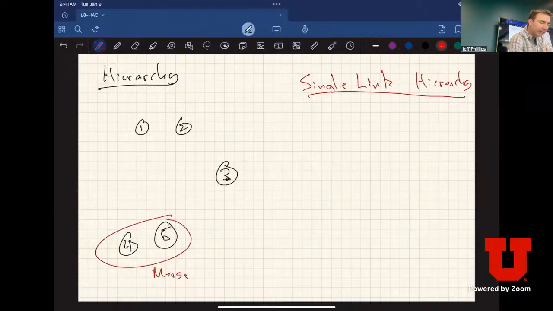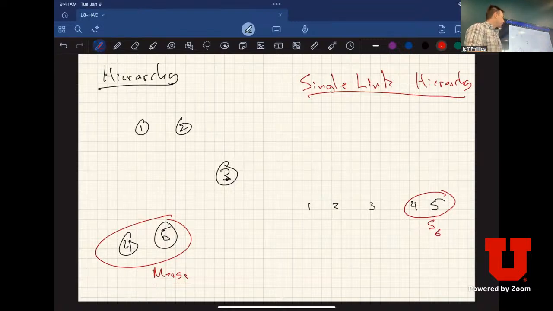So I'm going to think of having 1, 2, 3, 4, 5. The first thing I'm going to do is merge them into a cluster, we'll call this S6, which is the clusters 1, 4, and 5.